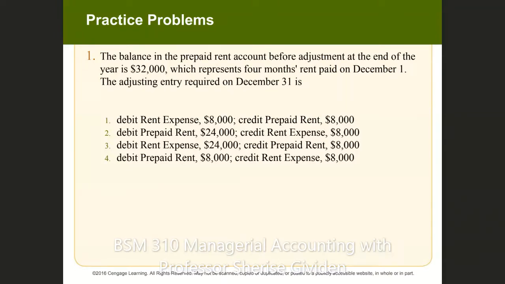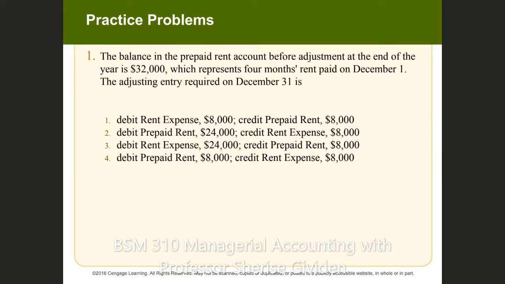Number 4, 8,000. We're taking 8,000 out of prepaid rent, right? Because it's 8,000 per month, and we've used up a whole month on the 31st.